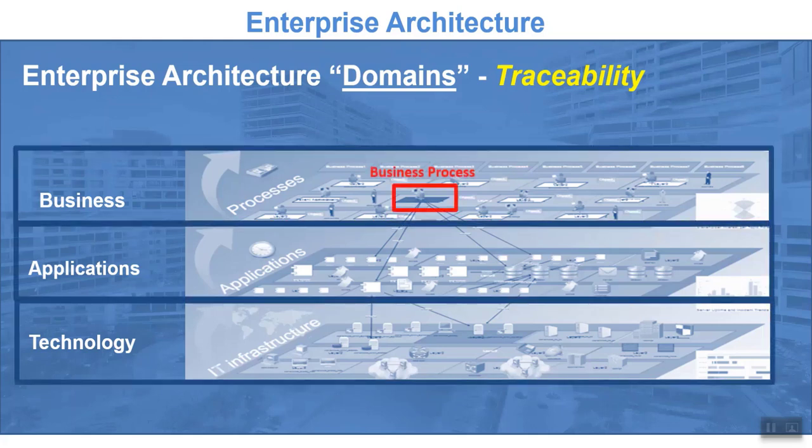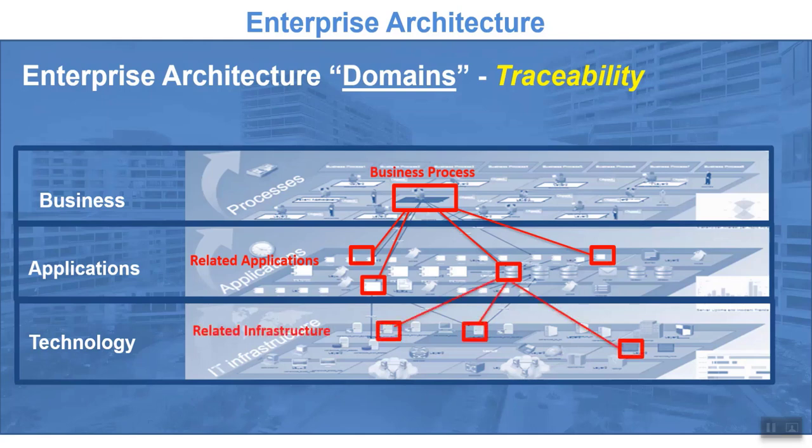For example, if we have a business process that has been defined at the business layer, and we have multiple applications serving that business process, this relationship has to be maintained and documented in the enterprise architecture. Similarly, for each application, the infrastructure that is hosting this application needs to be documented, and the relationship between the infrastructure components and that application has to be maintained on the enterprise architecture system.